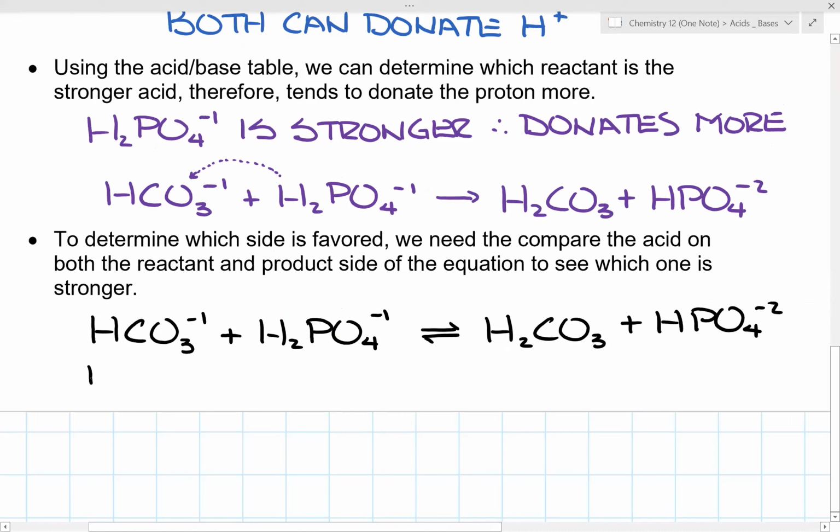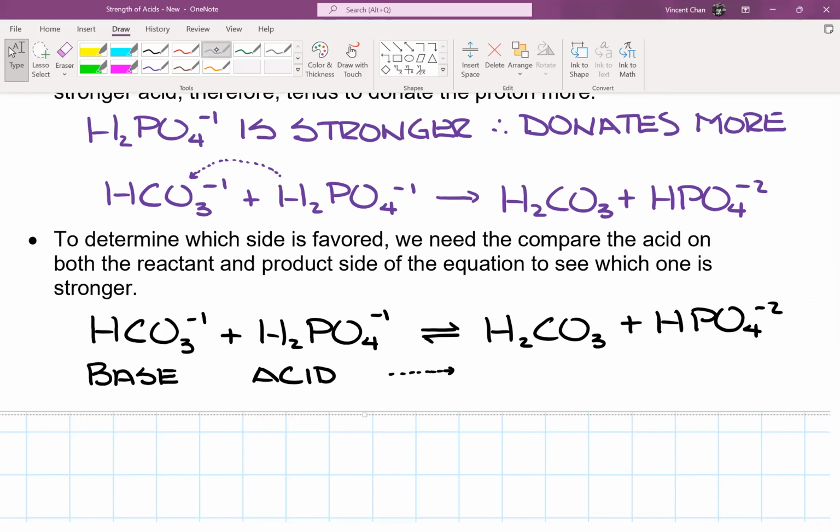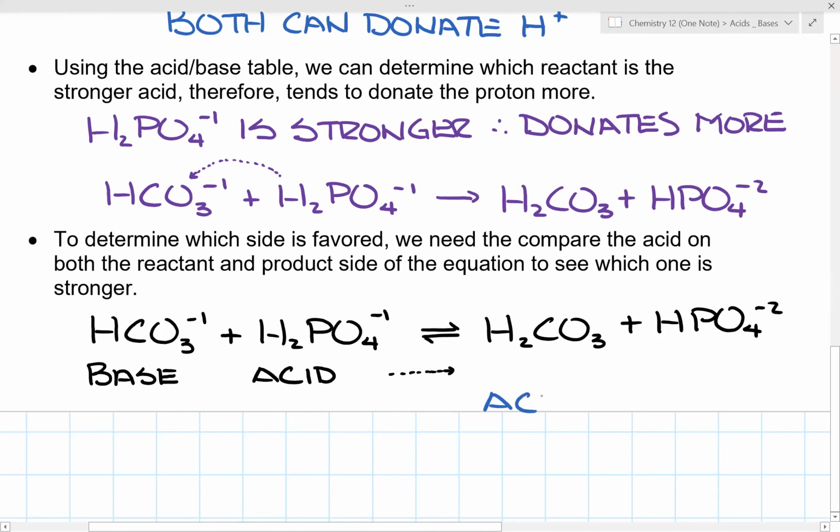In this case, this would be the base. This would be the acid going in the forward direction. And in the reverse reaction, this would be the acid, and this would be the base going in the reverse direction.